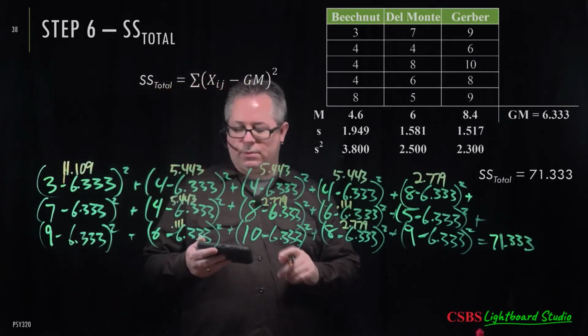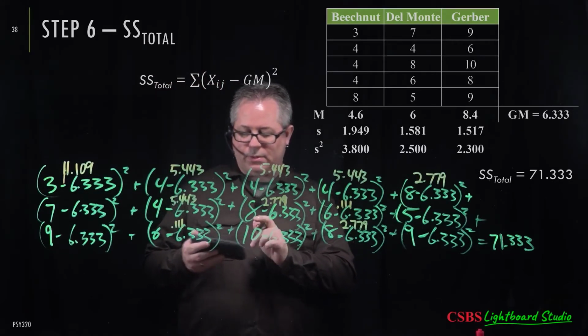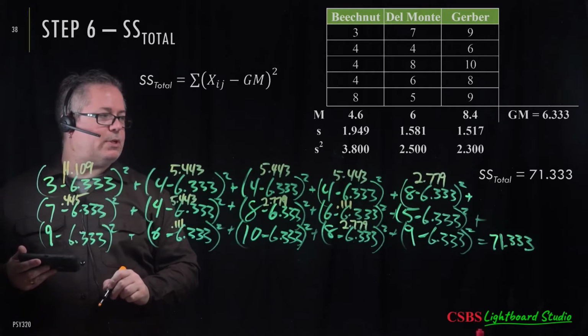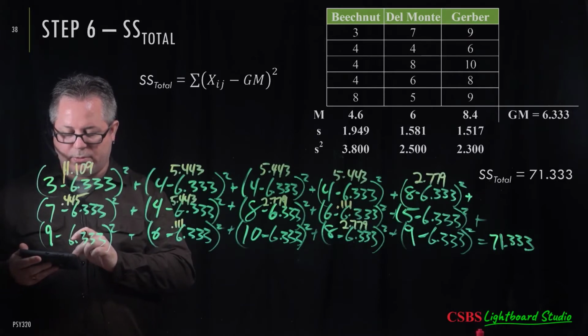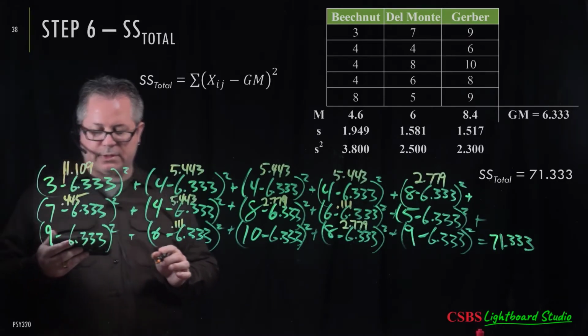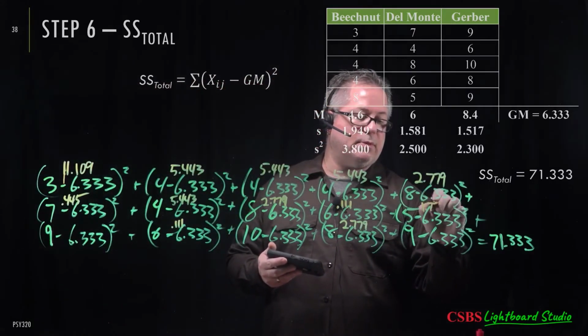All right, let's do 7. 7 minus 6.333 equals 0.667 squared is 0.445. 5 minus 6.333 equals negative 1.333 squared is 1.777, 1.777.